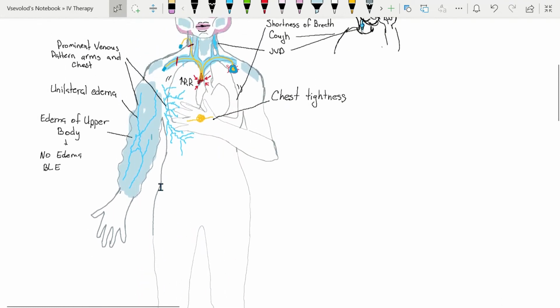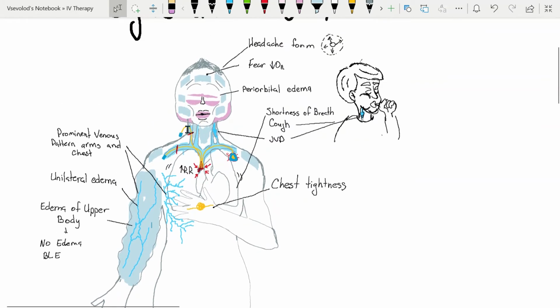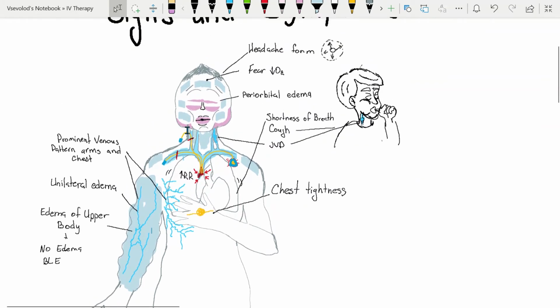That can be the sign of superior vena cava syndrome. So prominent vein pattern usually present over the chest from dilated thoracic vessels, and also potential for bronchial obstruction that will lead to cerebral anoxia as a result of increased intracranial pressure.